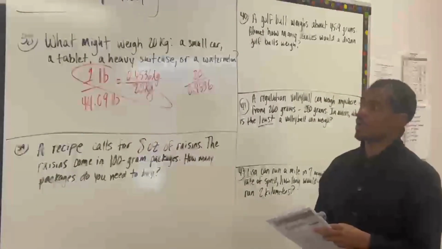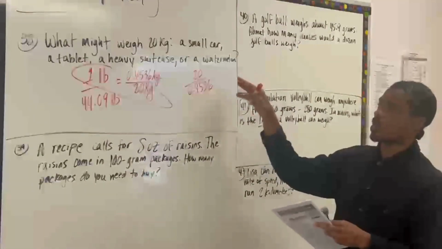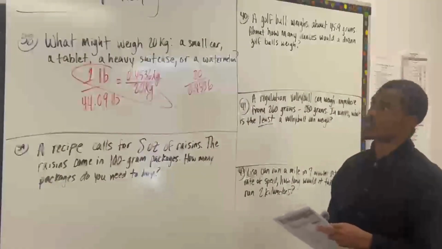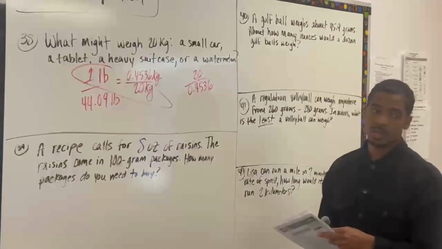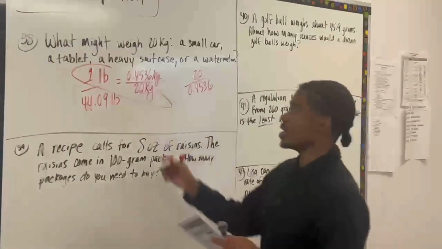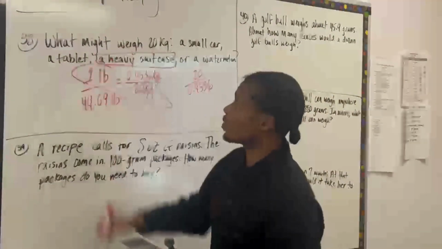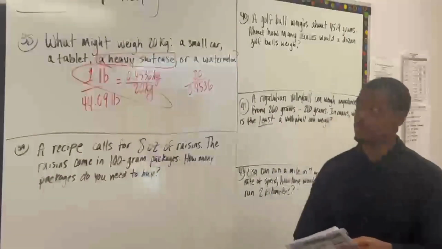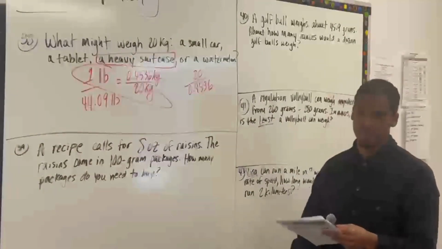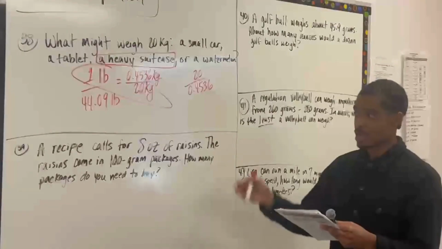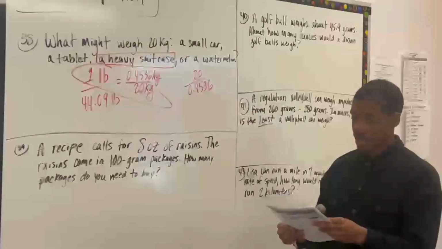Now you gotta think, which one of these will weigh 44 pounds? A small car, a tablet, a heavy suitcase, or a watermelon? A heavy suitcase. I know a lot of you guys travel. If your suitcase is over 50 pounds, you're gonna have to pay a surcharge. So 44 pounds, you're pushing it. That would be described as a heavy suitcase. For that one, that's pretty much all you had to do.